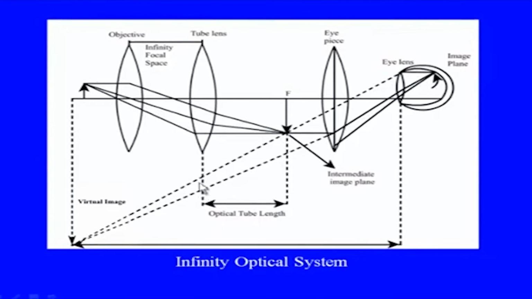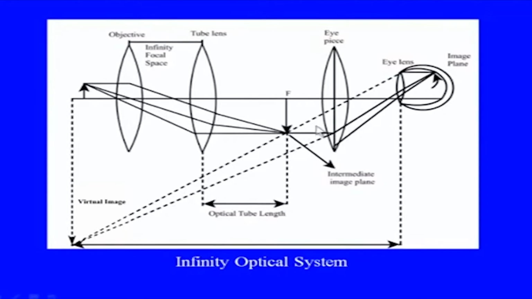So, you can see that this is completely different, and here there is no image formation. Most aberrations could be corrected in the objective lens, or they could be corrected in the tube lens. Most of the time the objective lens is corrected for aberrations.